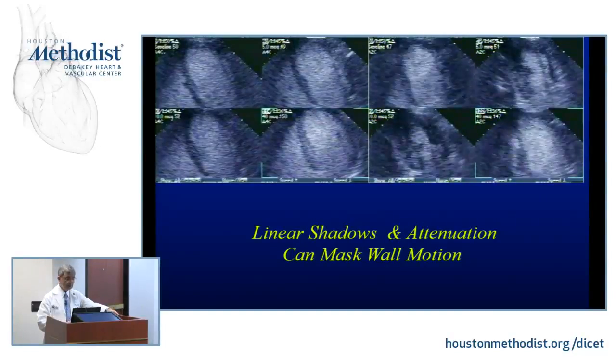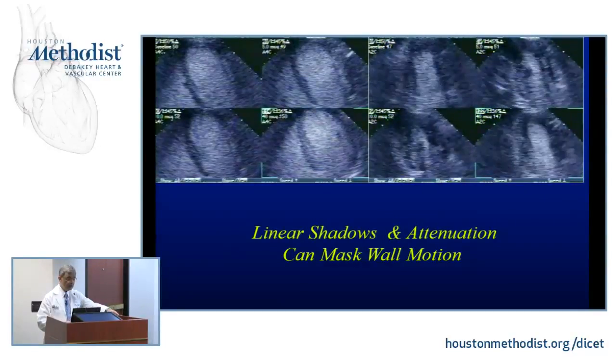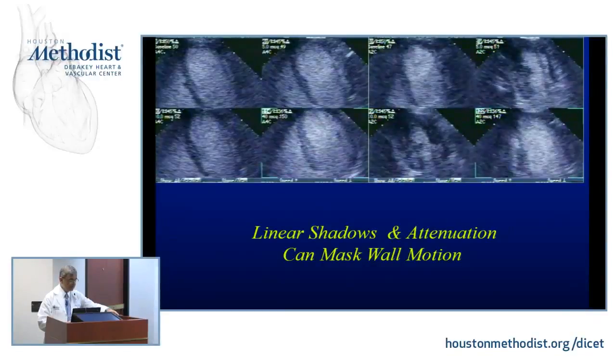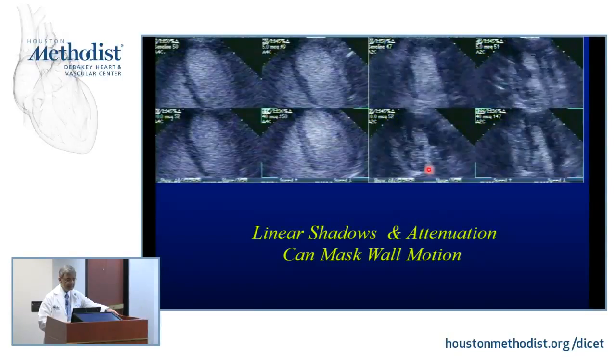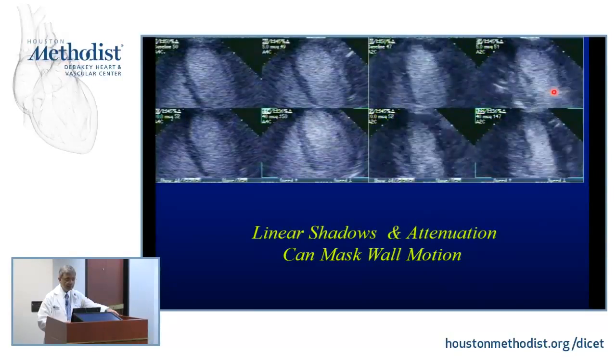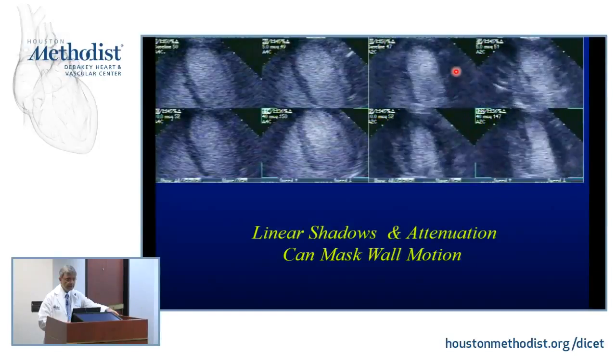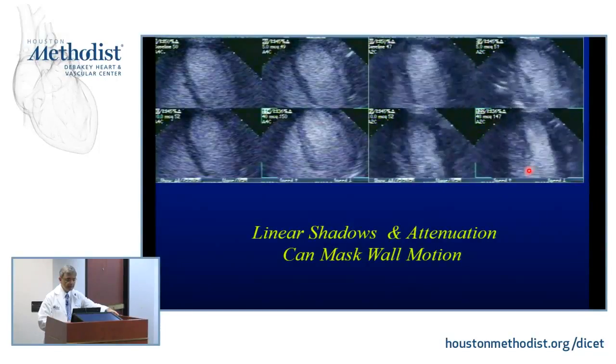So the question to you is, in the inferior base here, what your eye is getting fooled with is this linear density that's coming from the papillary, right? The endocardium is way behind here, and the endocardium is way down here and not there.